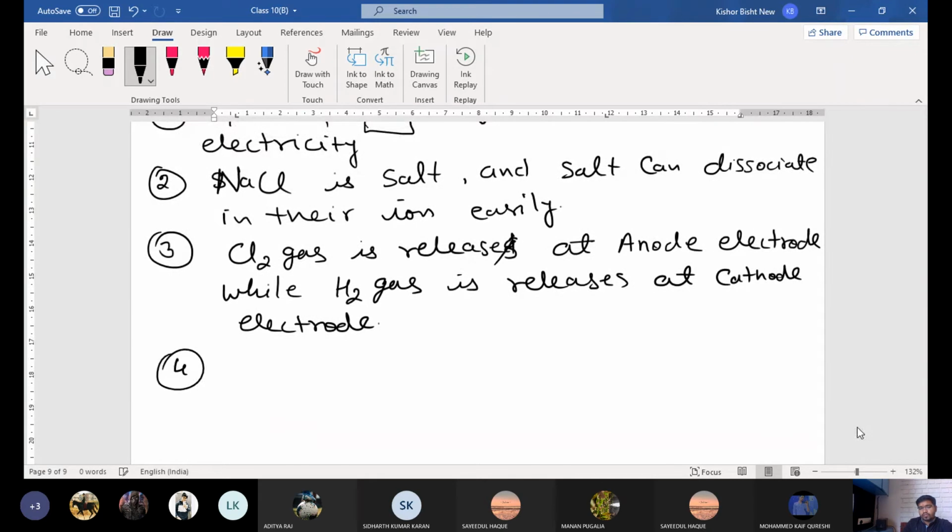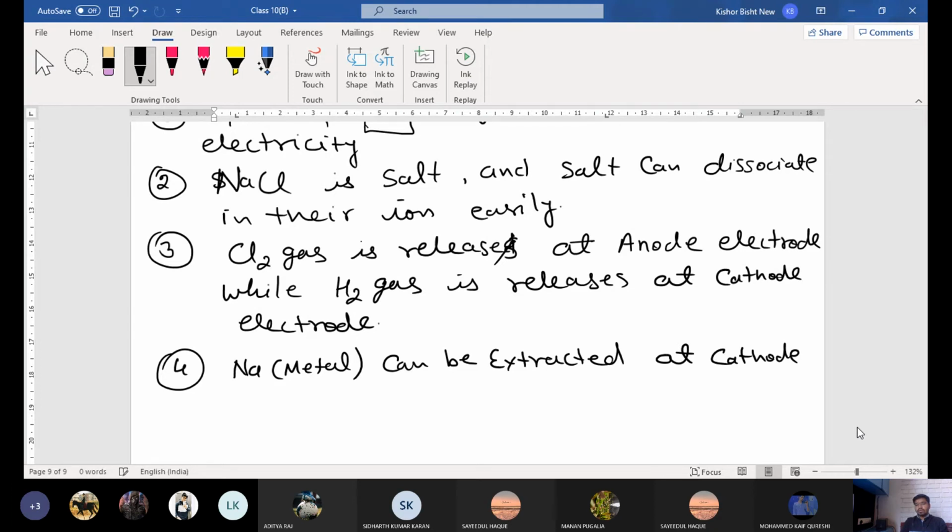Fourth point: Na metal can be extracted at the cathode mud.